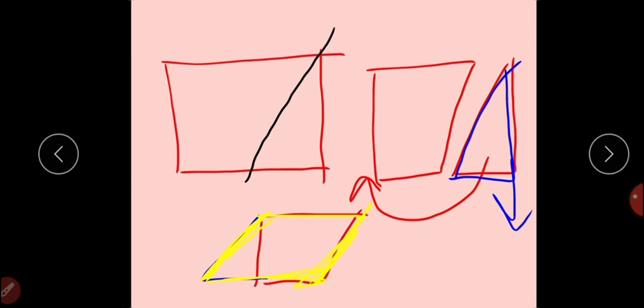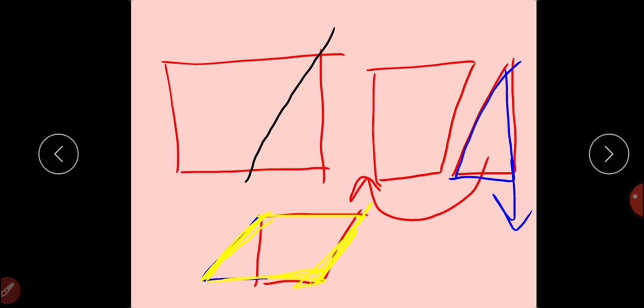When you get that, cut it, then take the right angle triangle and put it in front of that cut shape, and you will get a parallelogram shape. So for those who are watching my video, you can just do this. Take a paper, draw a rectangle, cut the rectangle from the corner such that you have a right angle triangle with you, and stick it in front of this incomplete shape, and you will end up with a parallelogram shape. So this is how we got a parallelogram shape.